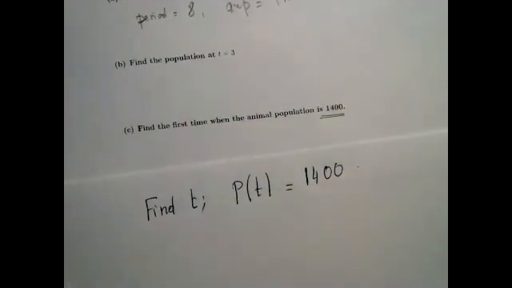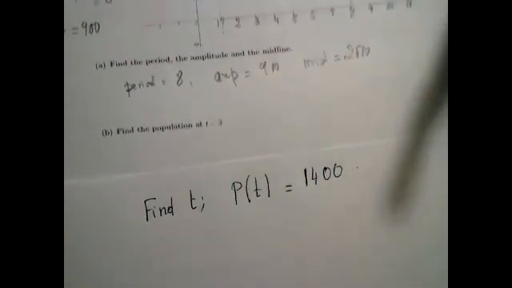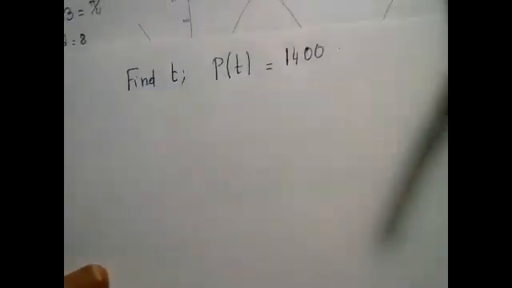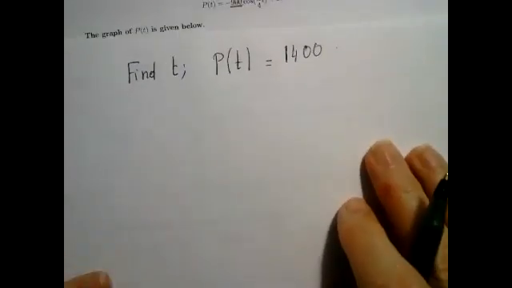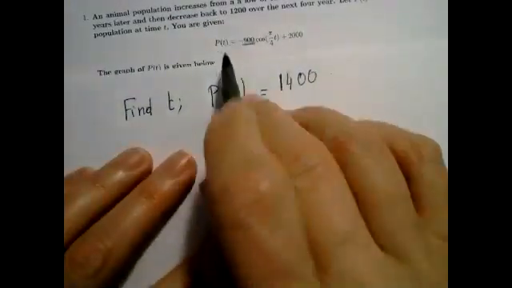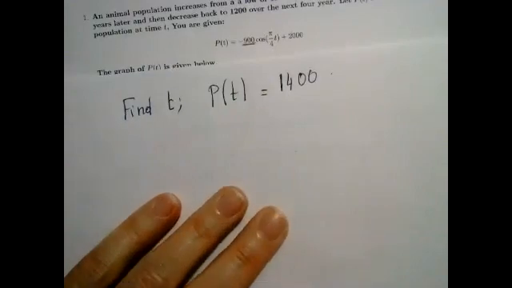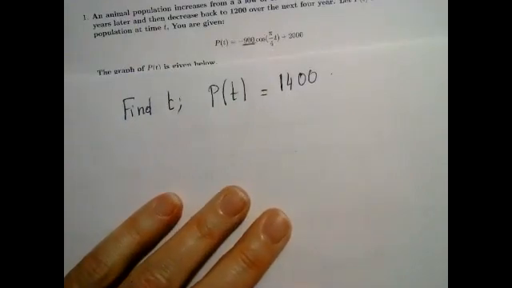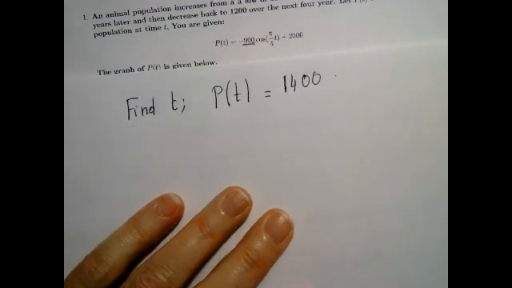You may be right if I understand what you mean. So I want to find the time when the population is 1,400. So what do I need to do? This is my population right here. I want to find for which time t the population is 1,400. What do I want to do? Please speak up.